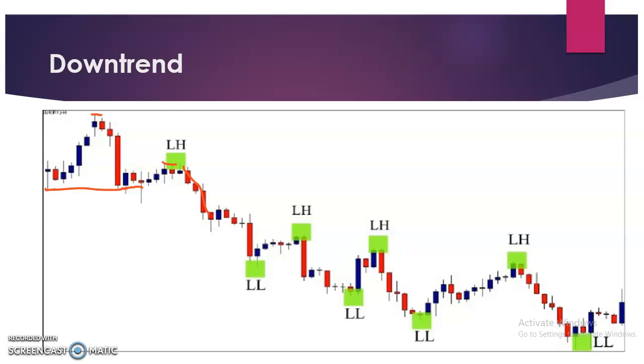So the price again found support at this point because a retracement actually happened. This is a bullish candle. It means that it retraced to the upside. All right. So there is a support here, and price again broke through that support impulsively to the downside to find a new low.